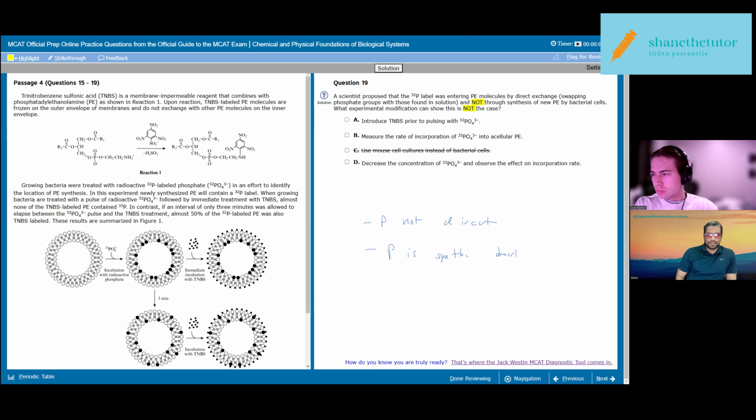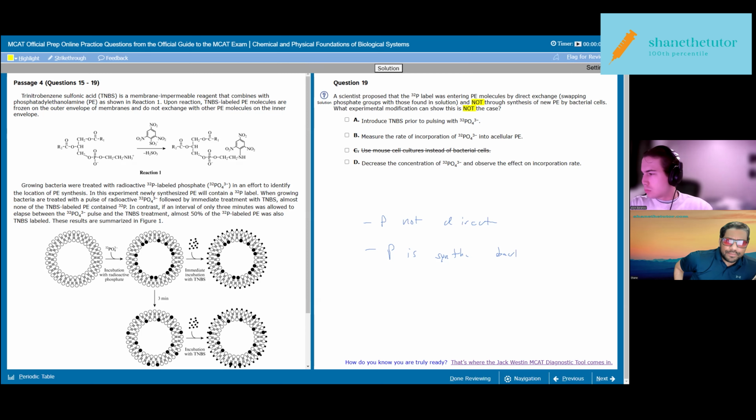That would cause the TNBS to, I guess, attach onto the outer membrane.